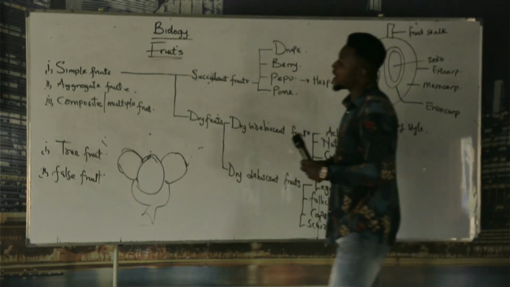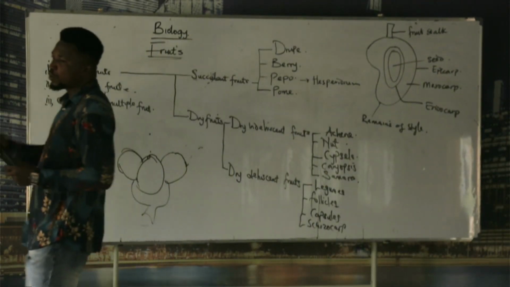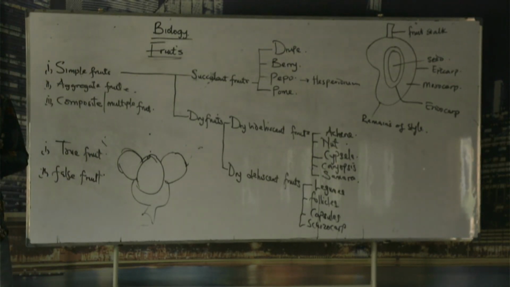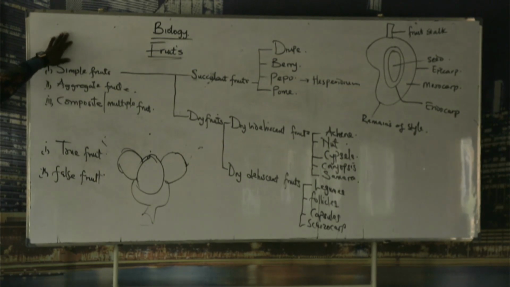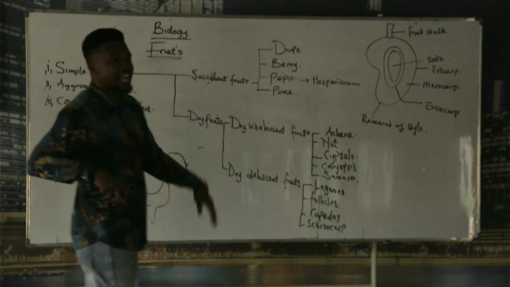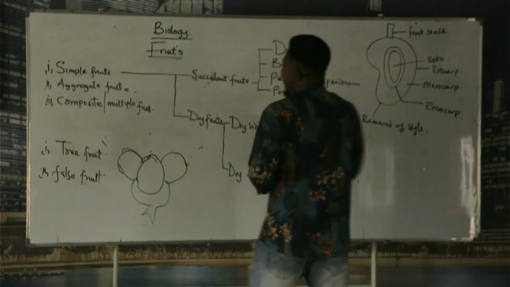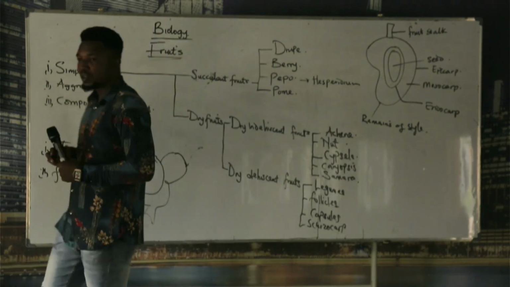So, in an aggregate fruit, the fruit is formed out of an apocarpous flower. While in simple fruits, what type of flower? Monocarpous and syncarpous flower. Then multiple fruit.